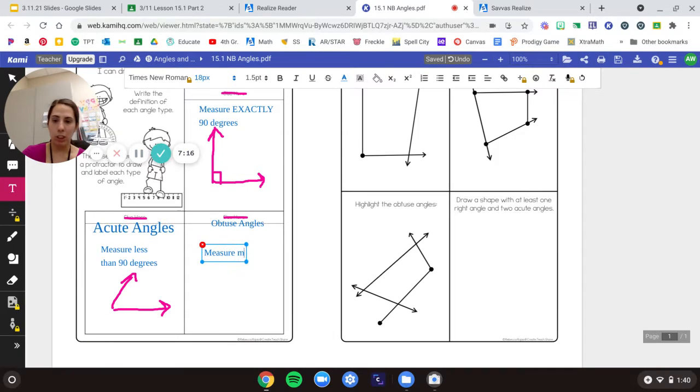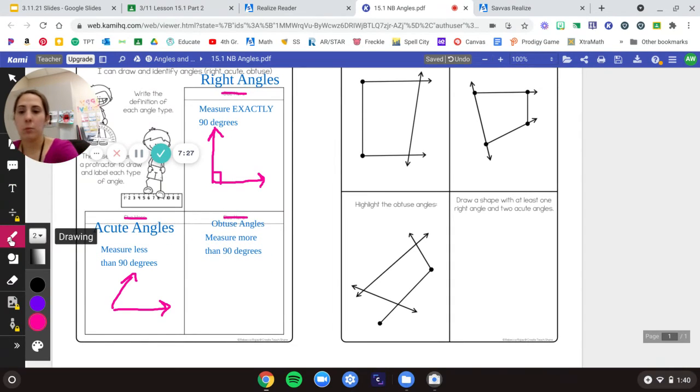Obtuse angles measure more than 90 degrees. So when we're picturing drawing these in our head, we want to picture where that right angle would be, right? It would be straight up. But instead we want it to go bigger. So we're going to come like this, stretching to the left.